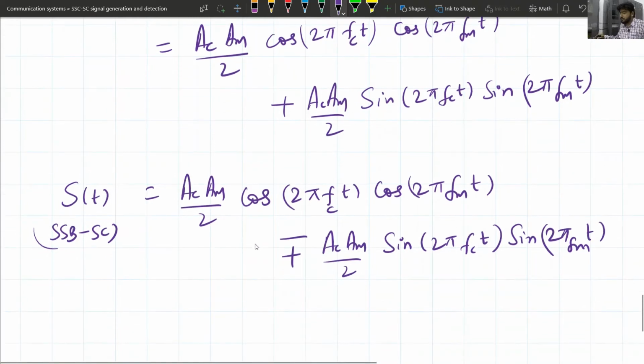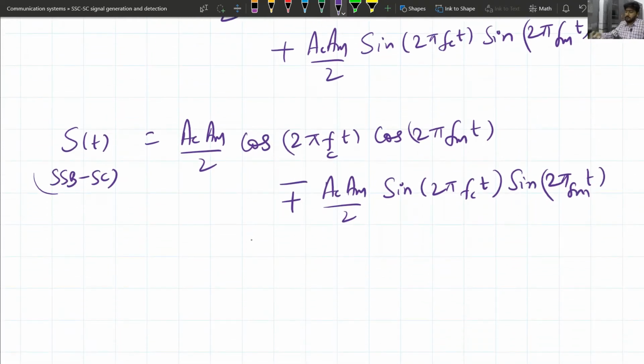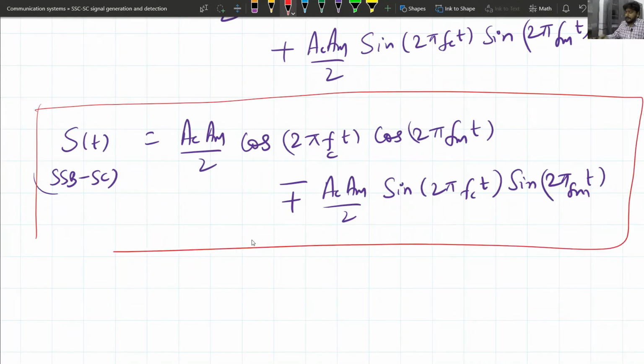This is a general equation for the single sideband suppressed carrier signal, where the negative sign represents the upper sideband suppressed carrier and the positive sign is for the lower sideband suppressed carrier. Right?